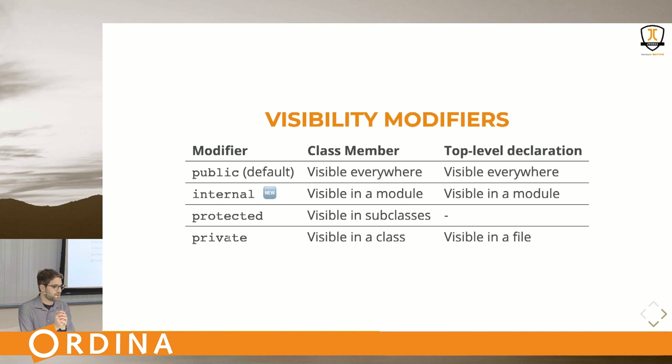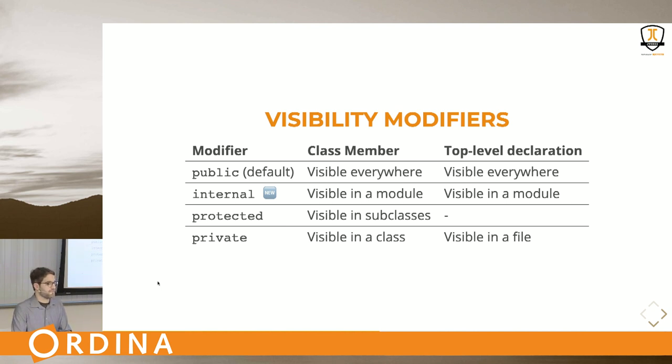You can do this with class members. You see that the second column is a class member, so that means everything defined within a class. A top level declaration in Java would always be a class, but in Kotlin also functions can be defined on top level. So not even within a class, but even above or below it inside a file. Then we have internal, that's something new, Java doesn't have it.